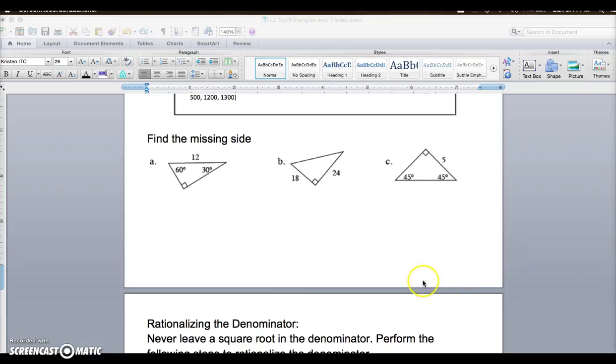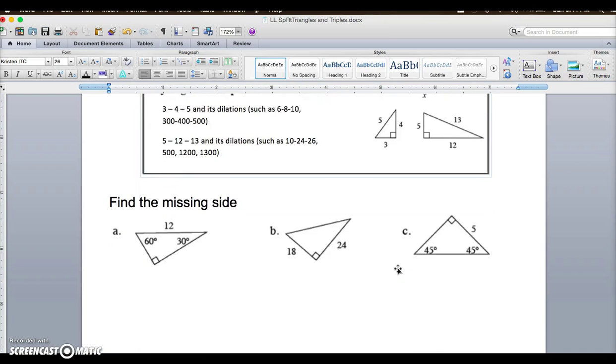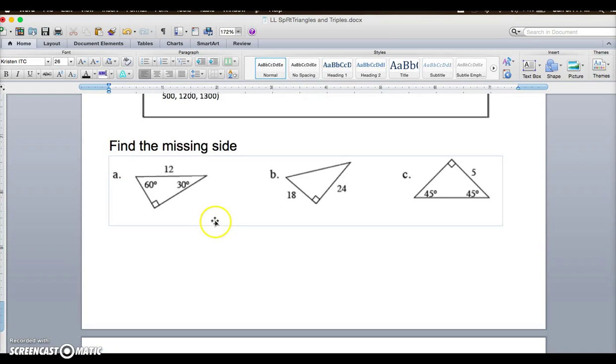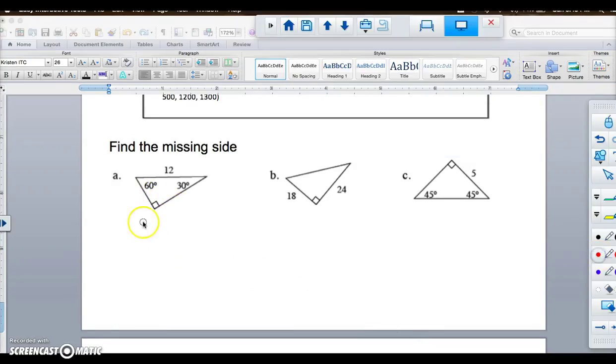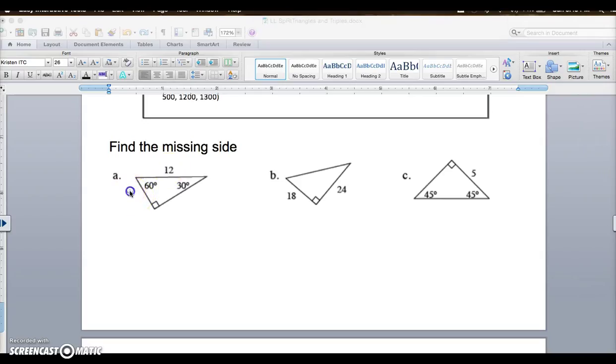I'm going to put a few example problems in the learning log that you'll find at the bottom of the colored piece of paper. Obviously, this is a 30, 60, 90 triangle, where if the cosine of 60 is 1/2, to get 1/2, you're going to have a 6 right here, and the other leg then should be 6 times the square root of 3.